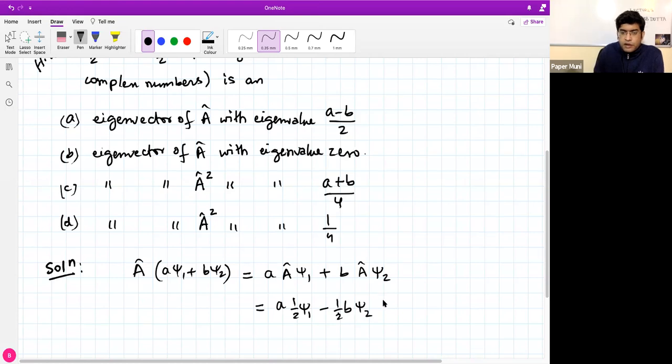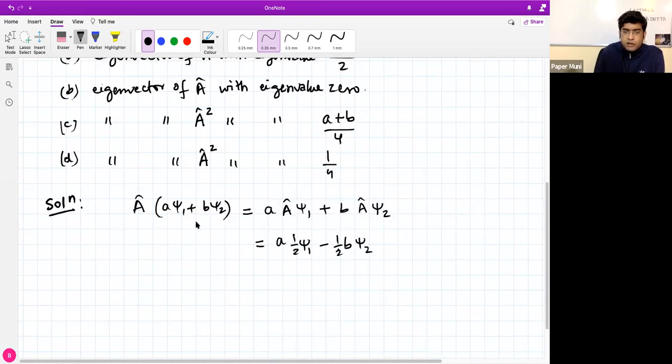So now one can see that this is not an eigenvector of A. It's clear that it's not an eigenvector of A because this function clearly changes. It becomes A psi1 minus B psi2.